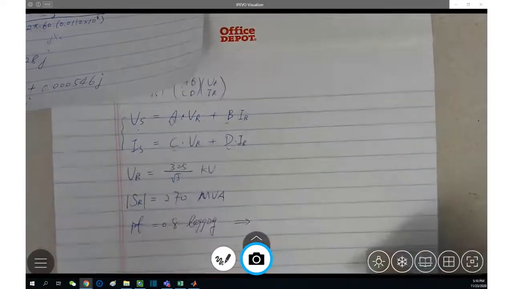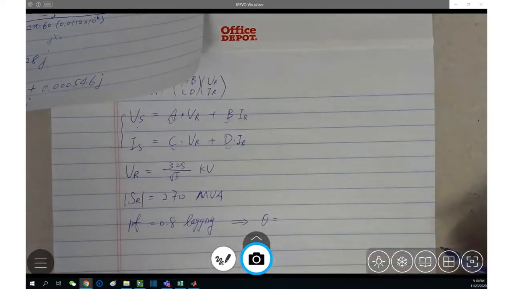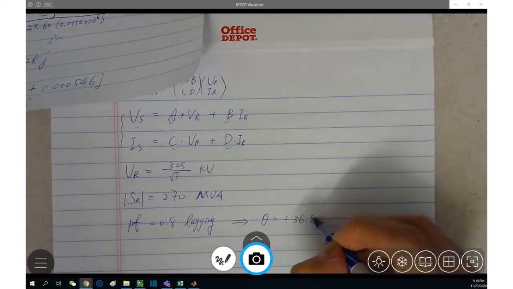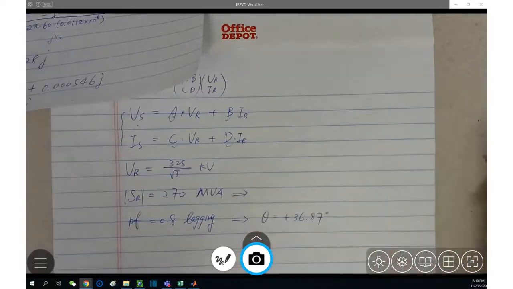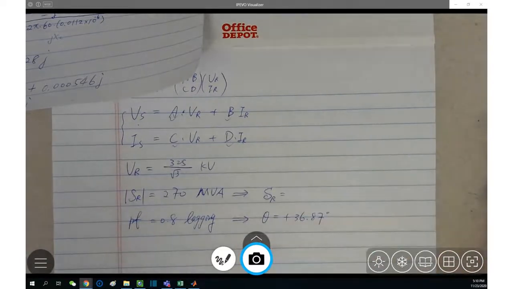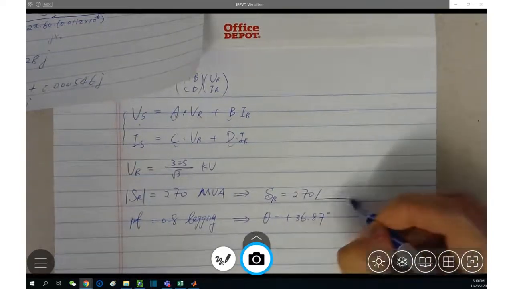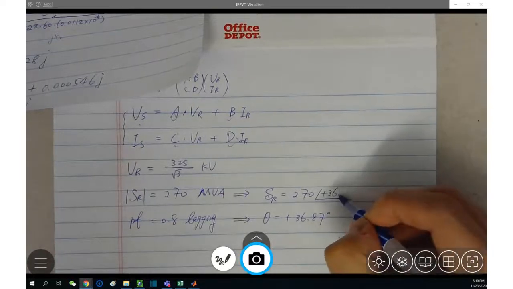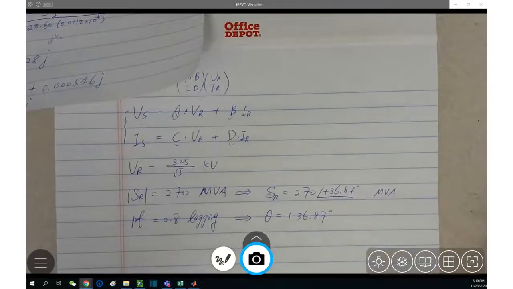It can give us the impedance angle, positive 36.87 degrees. And therefore, the SR in phasor form equals 270 magnitude with an angle of positive 36.87 degrees, MVA.